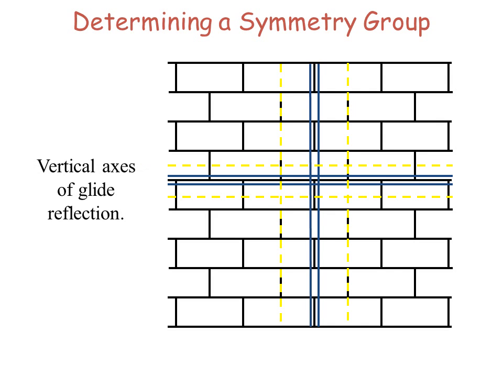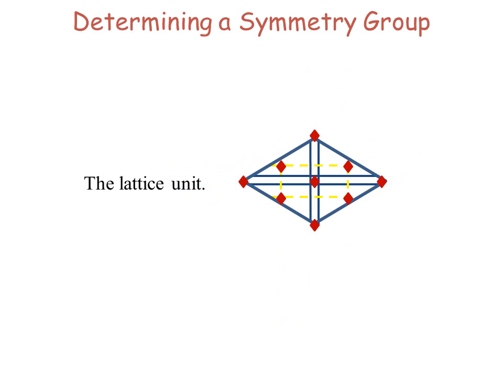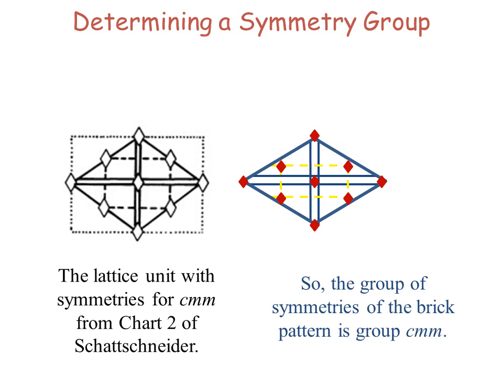There is a vertical axis of glide reflection. There are several order 2 rotations. Here is a lattice unit. This is the same as the lattice unit with symmetries from group CMM. So the group of symmetries of this brick pattern is group CMM.